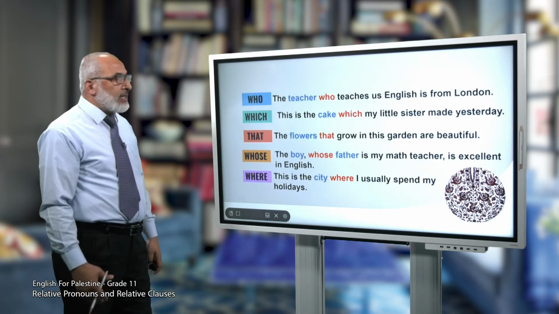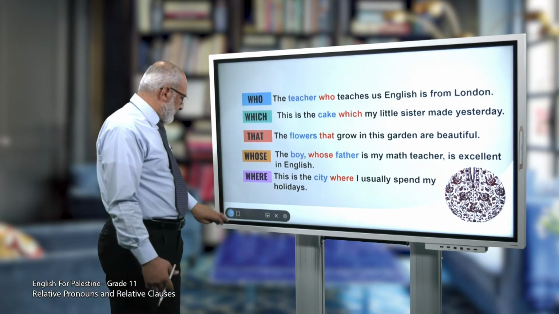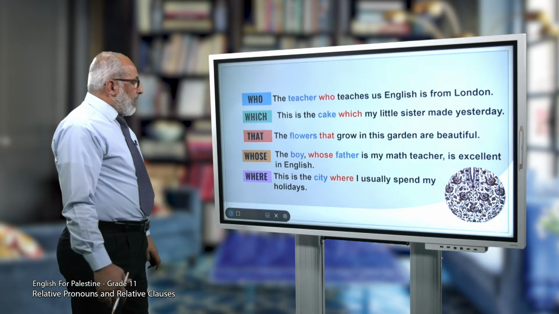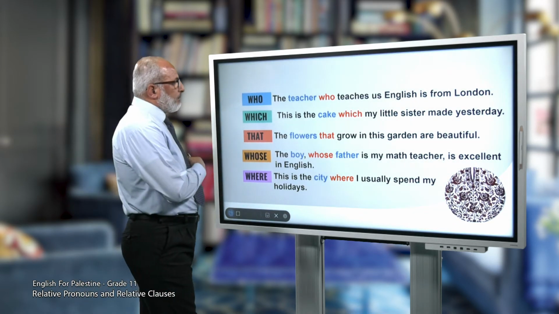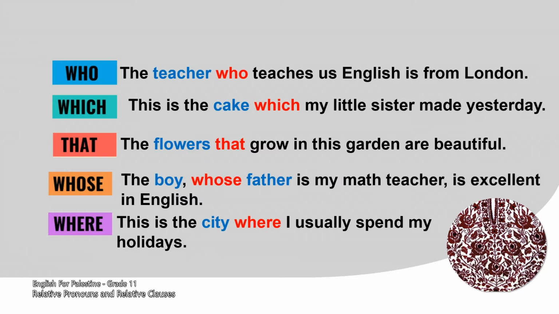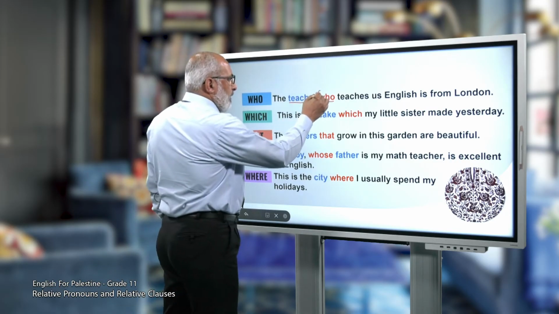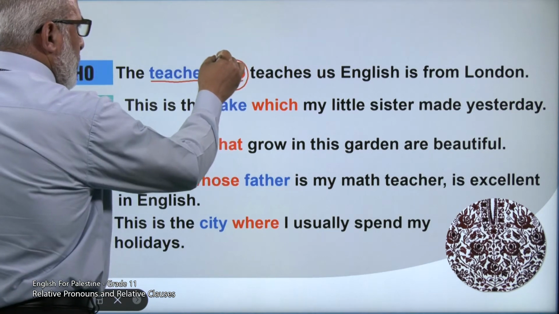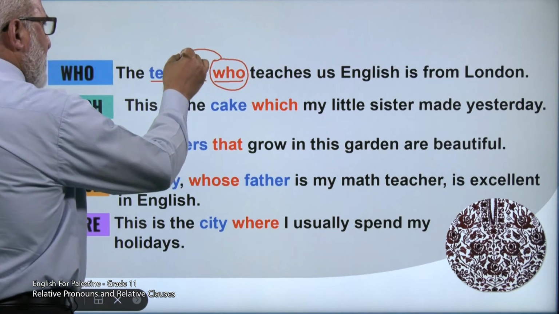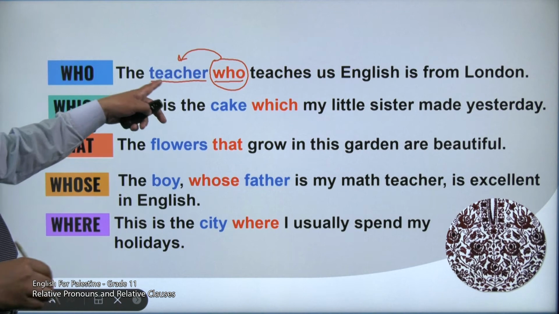Let's now see some examples. Let's look at the first one. The teacher who teaches us English is from London. So here we use the pronoun who because it relates back to a person, teacher.